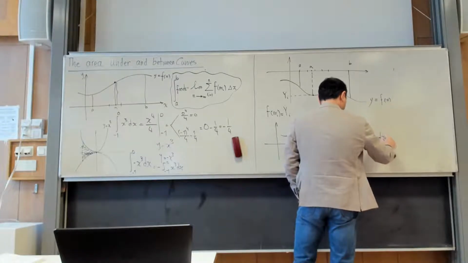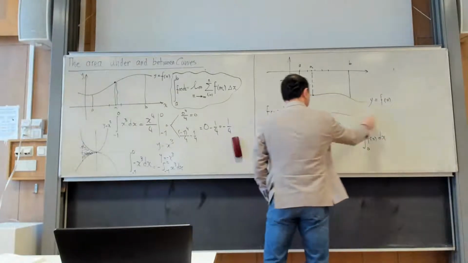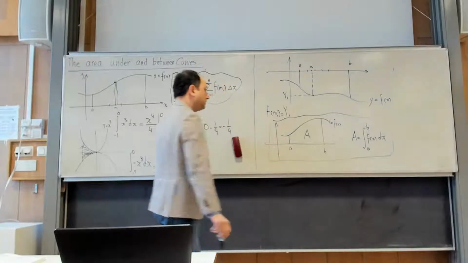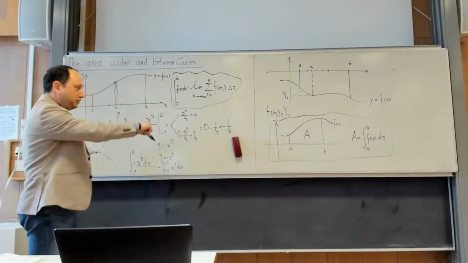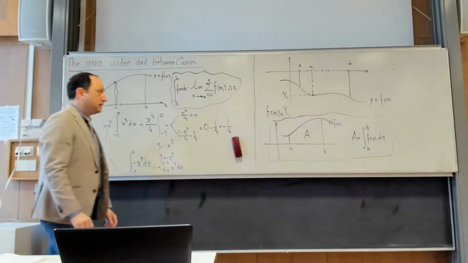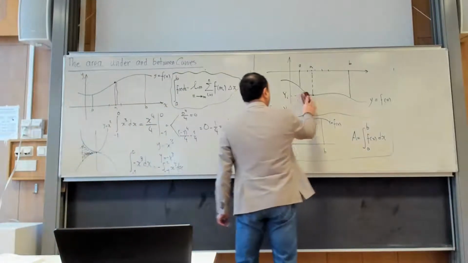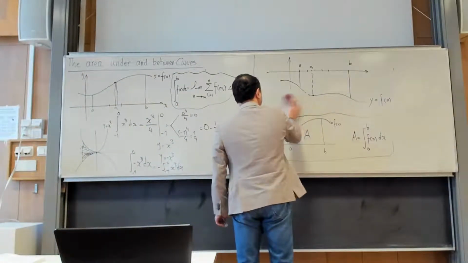I think it's better to have it somewhere in your notebook. So be careful. If you want, the integral and the area are exactly the same. But let me draw another picture here. Let me clean it.